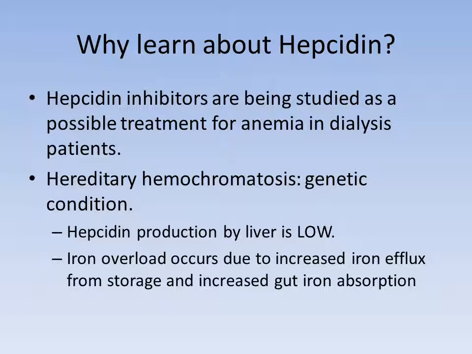The prevalence is about 1 in 150 people of Northern European descent, and a little over 1 in 10 people of European descent is a carrier for the gene. You need 2 copies of the gene to have disease. But in this condition, the liver does not make enough hepcidin. So hepcidin production by the liver is low.